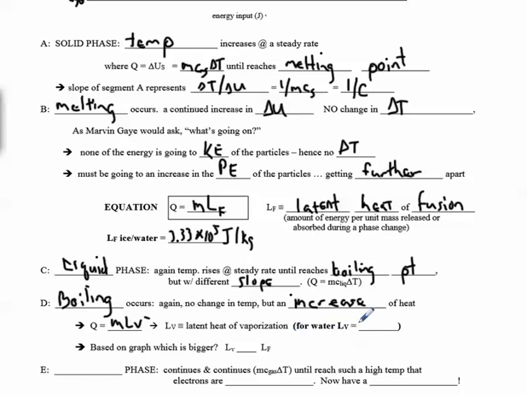And for water, boiling is even higher than for melting. This value is 22.6 times 10 to the 5th joules per kilogram. So it takes quite a bit of energy to completely boil a certain mass of water. In fact, it's about 8 times that of melting it.